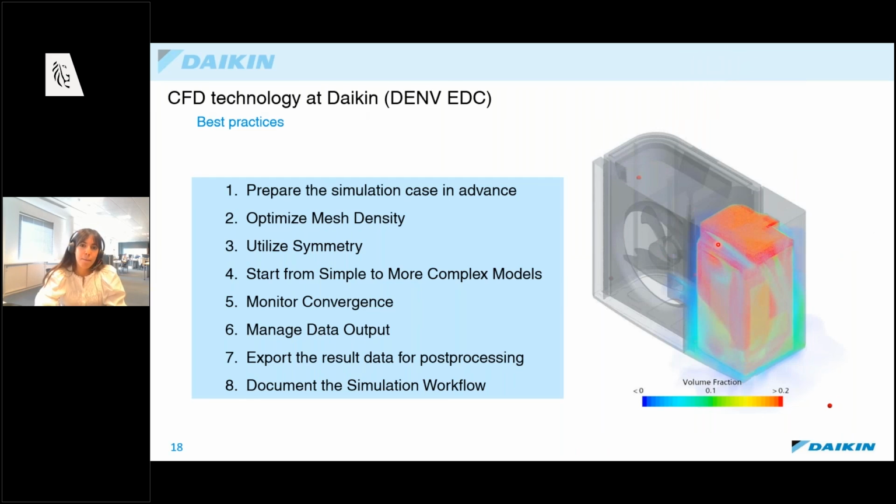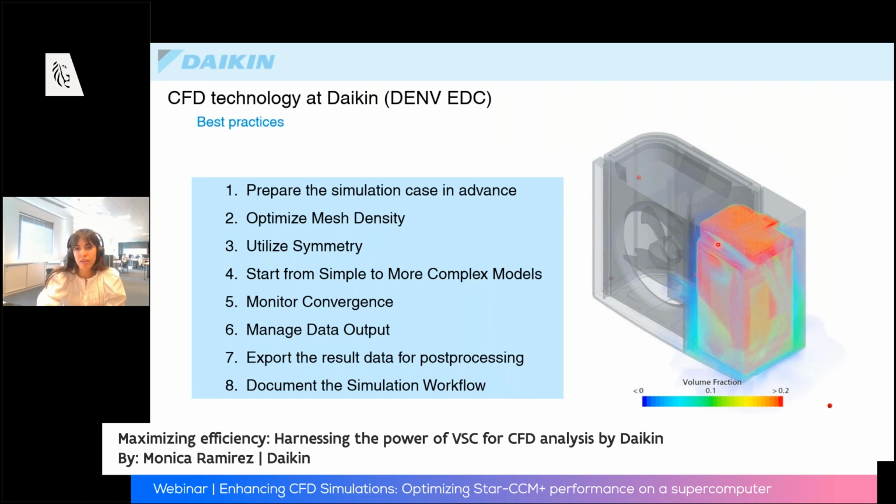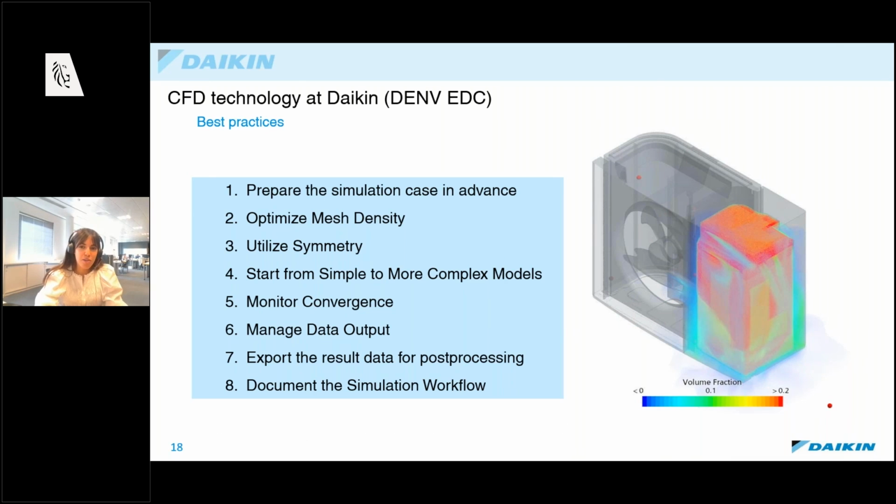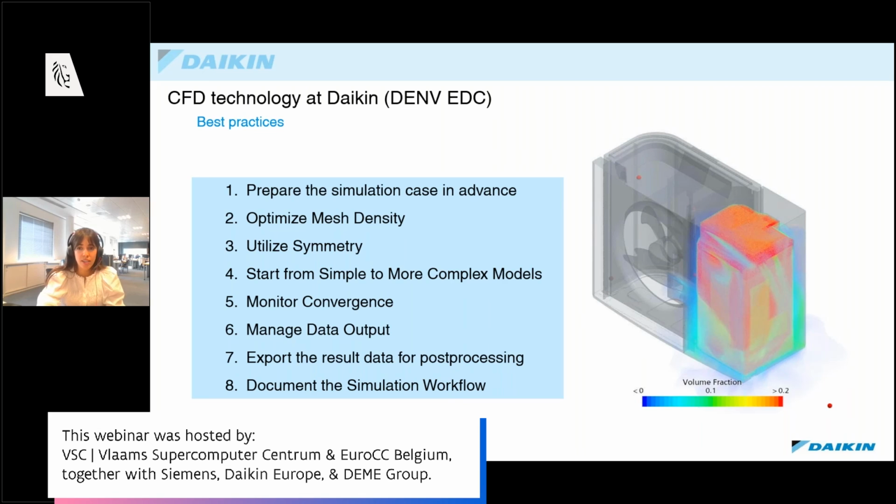Now, based on the different investigations we have done using the cluster from the VLAM Supercomputer Center, we can then recommend some best practices to make a more efficient use of the resources, licenses, and the credits itself. First, it's very important to prepare the simulation case in advance. This includes geometry modification, mesh settings, continua, boundary conditions.